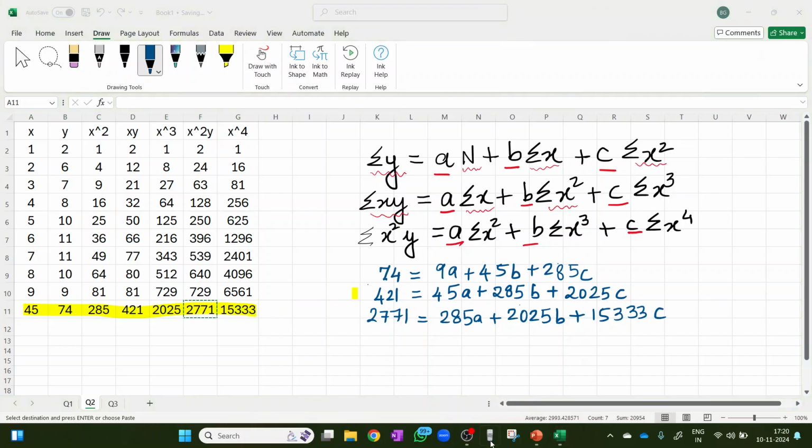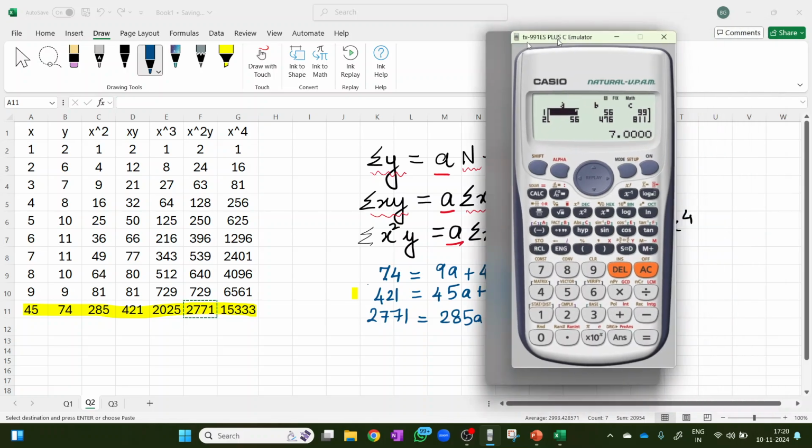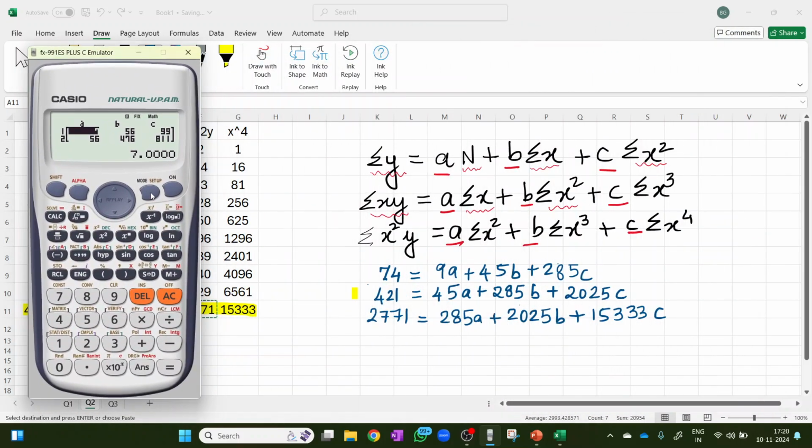We'll be using the scientific calculator to solve them. This time the equation which we're going to use is going to be the second type. So let's substitute the values. Remember, 74, 421 and 2771 will go in last. So we'll have 9, 45, 285, 74, 421 will go last.